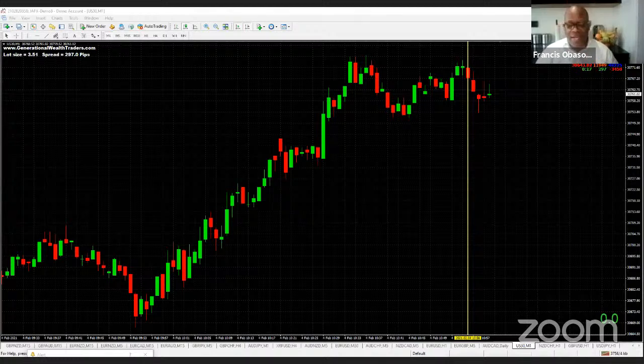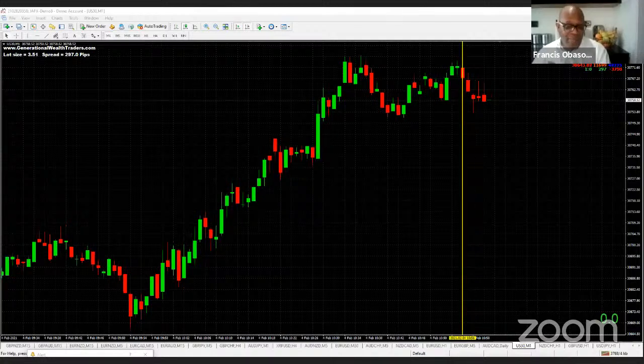Like I said earlier on, in Forex, price movement is measured in pips, whereas in other markets it's measured in points.